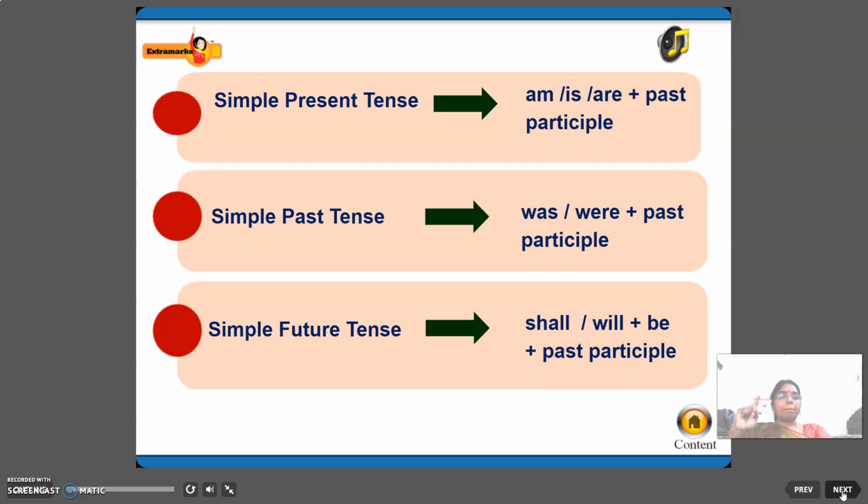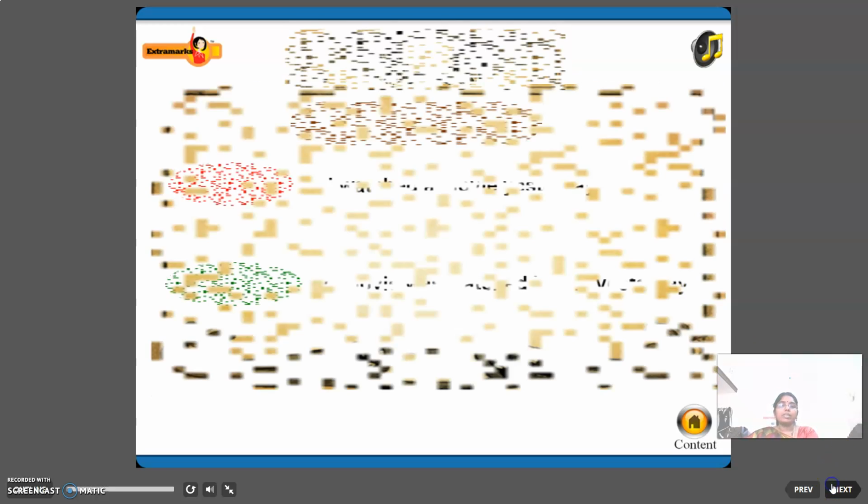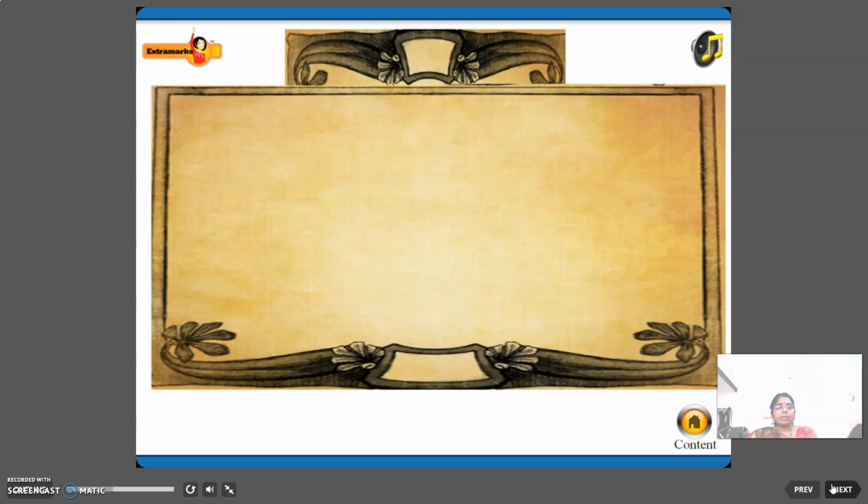Simple past tense is was and were plus past participle. Simple future tense is shall, will plus be plus past participle. Right, children? I hope you understood this. Next, we will see an example.